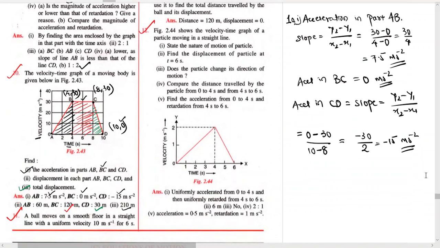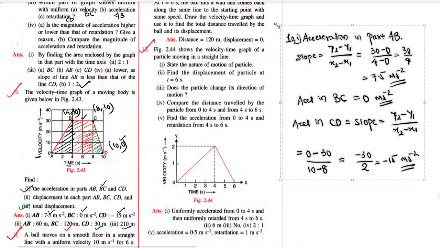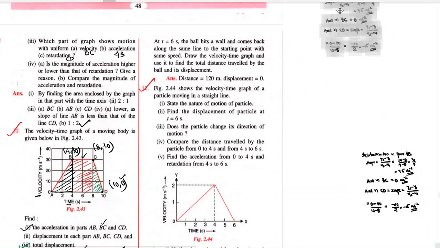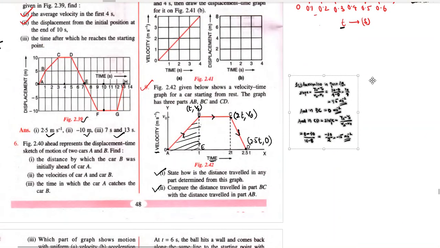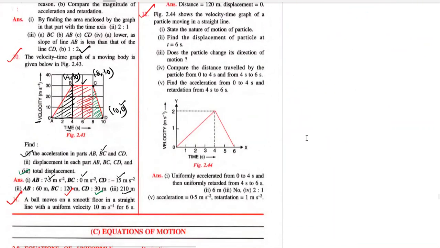Let's make some space first. A ball moves on a smooth floor in a straight line with uniform velocity 10 meter per second for 6 seconds.